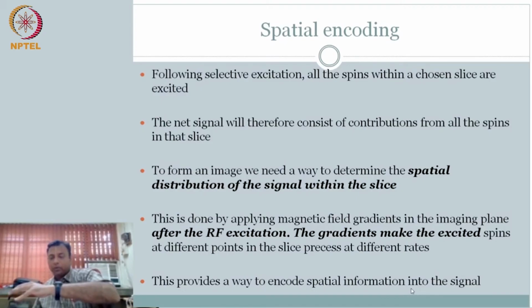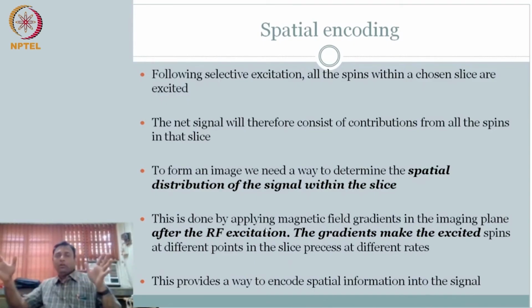During the signal readout, we will enable gradients in the other two directions. If we are able to do that, then we may be able to say which location within xy corresponds to which frequency, and therefore we know from the recorded signal where it came from. So this is how it generally works. We'll go one step at a time.